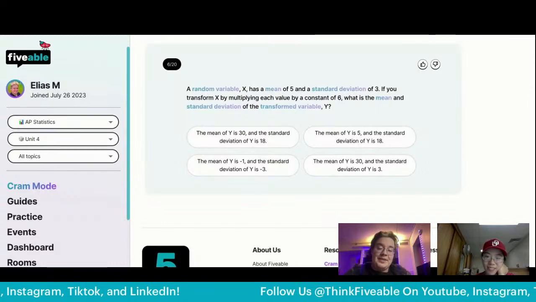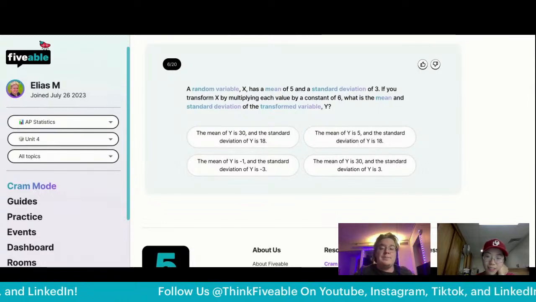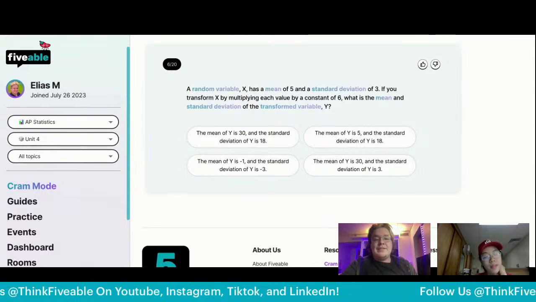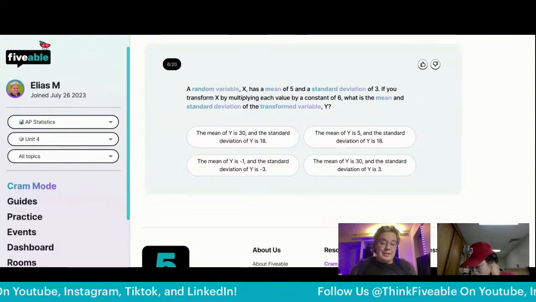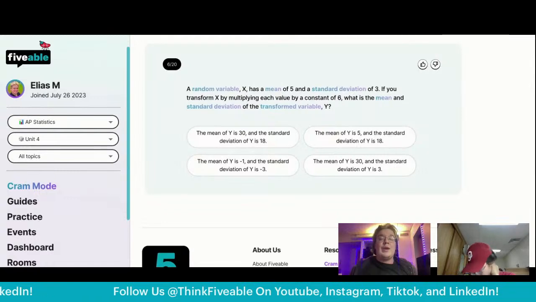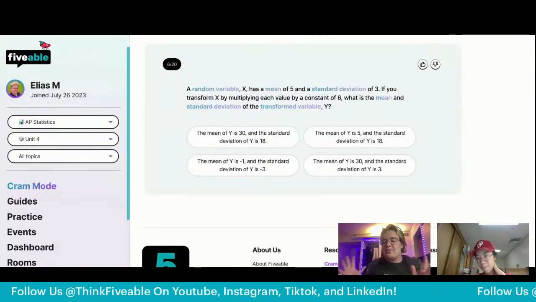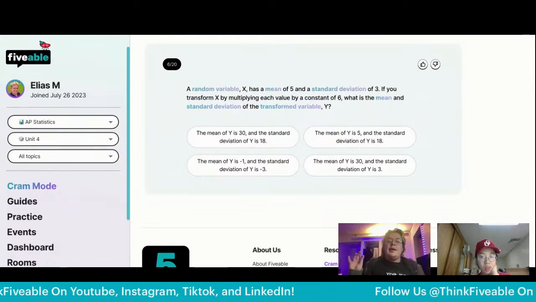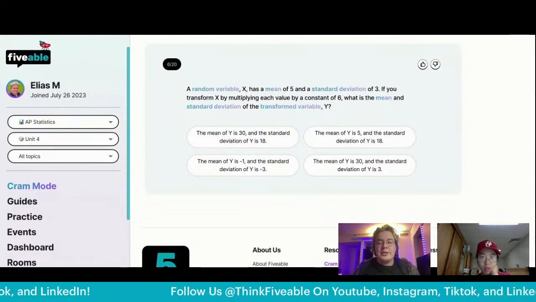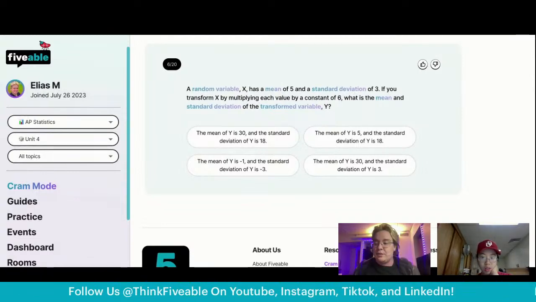The second part is where I find more people get a little tripped up, and I've gotten tripped up myself in the past. Standard deviation is kind of the space between things. Something that is more spread out in terms of data is going to have a greater standard deviation than something very compressed. When you multiply all values within the set by 6, you're also increasing the distance between each of those points.